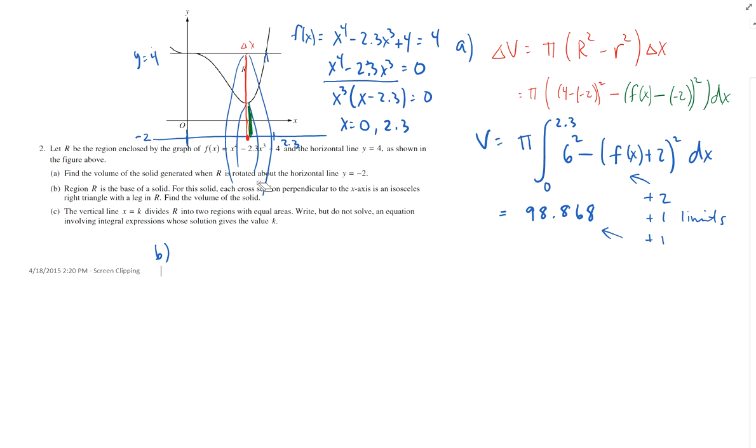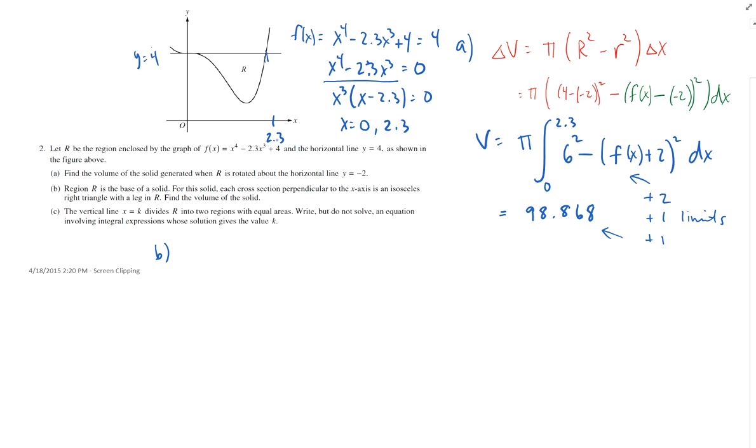Okay, erase this. We know this is 2.3. Region R is the base of a solid.